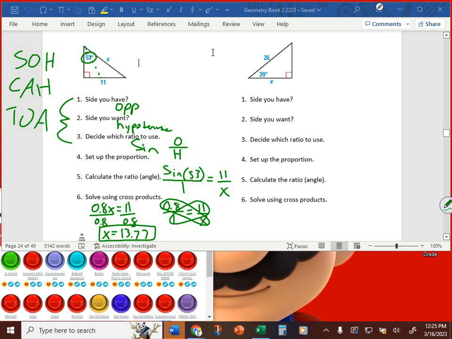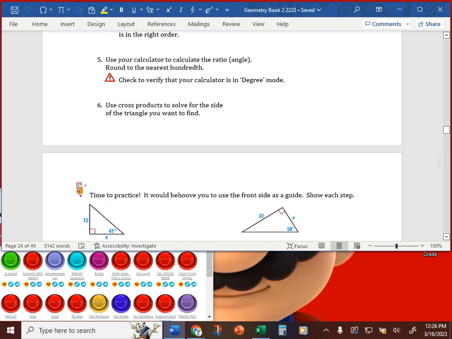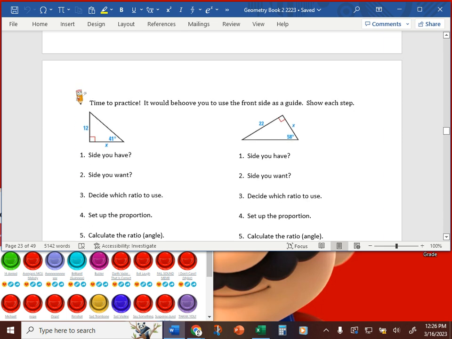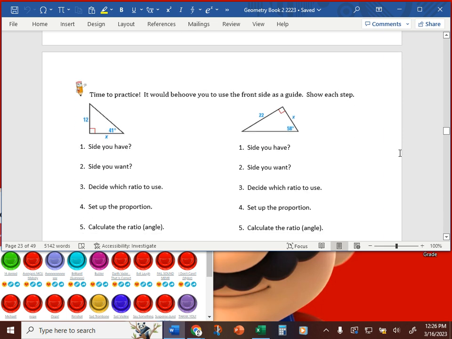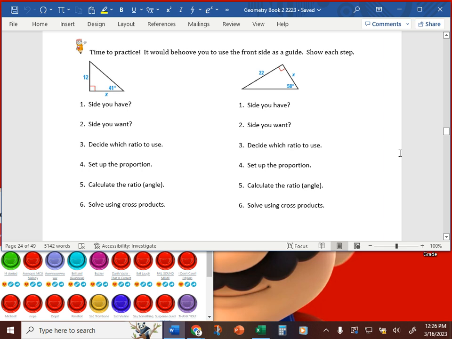Yes, Dan. On number 1, I got the number 12, 41, it was opposite, and then number 2, I have 2 questions. And the side you want, what is that called, a leg, or what is that called? Oh, that's adjacent, right? So this first one here, the angle 41, the side we have, Damien said it's opposite. Do we agree with that, Vince?